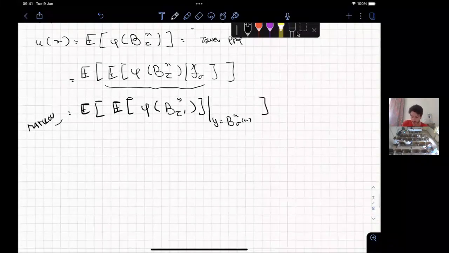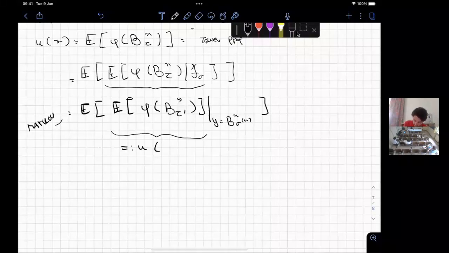Now I will basically do a picture, but just trust me about these things. And once you do this computation by Markov property, you will realize that this is exactly what we call u of b_x(sigma). And if you go back to the definition of u, this is exactly how we defined it.